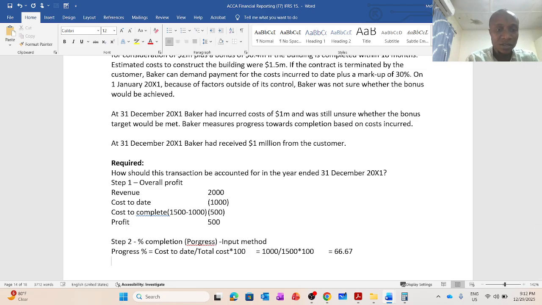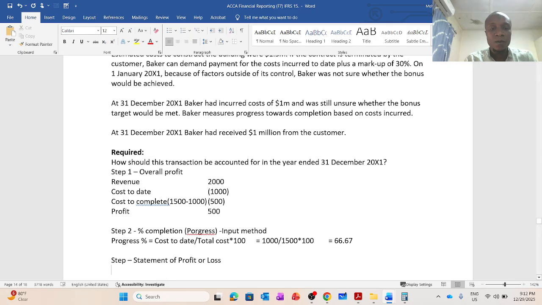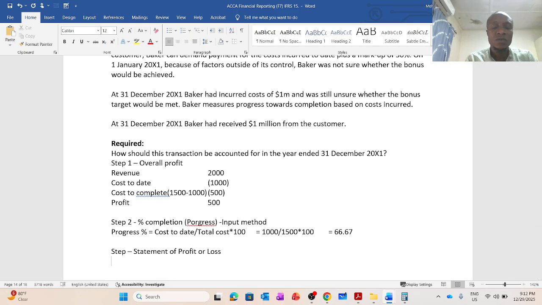So step 3, this is step 2, so step 3, we are going to determine the statement of profit or loss. So now we are going to recognize revenue. It's very simple. We are doing it for a single year from the 1st of January to the 31st of December 2021.